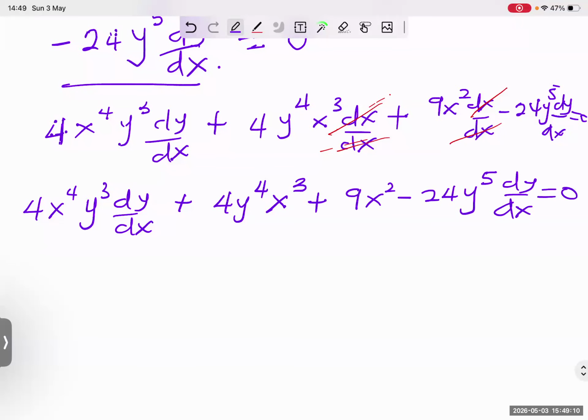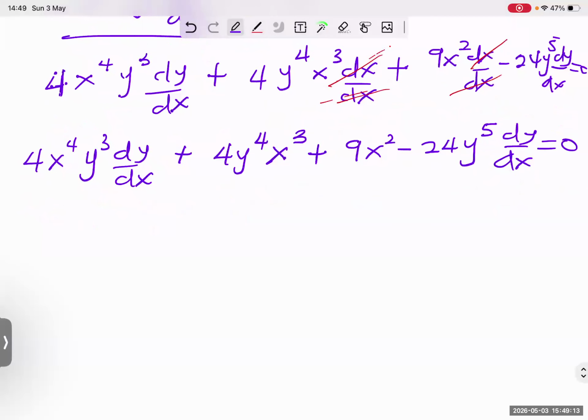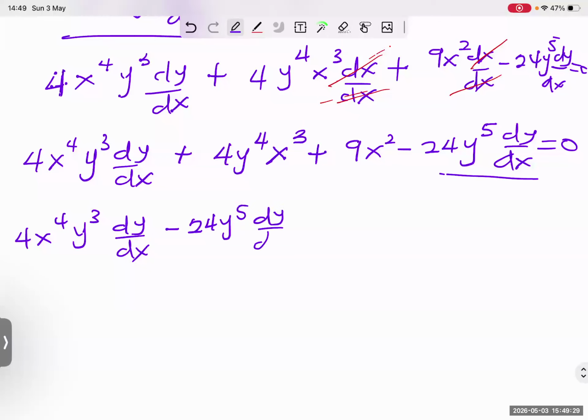We are looking for dy dx, so we make it the subject, thereby grouping like terms. So we have 4x^4 y^3 dy dx, I'll join it with the other dy dx, minus 24y^5 dy dx. Then I'll send everything else to the right-hand side.